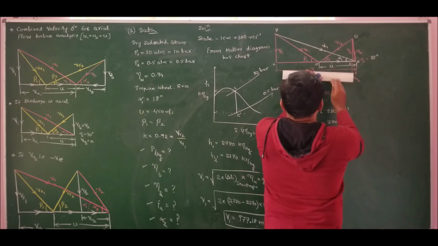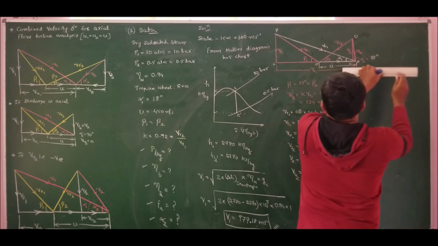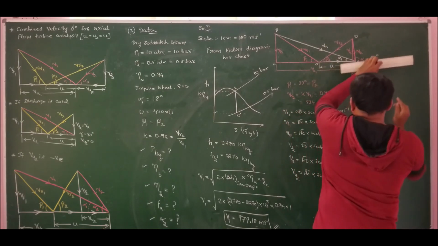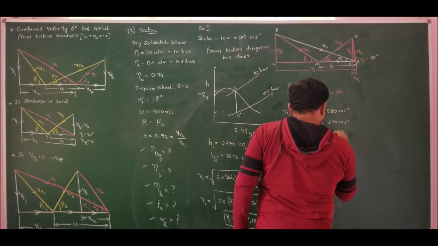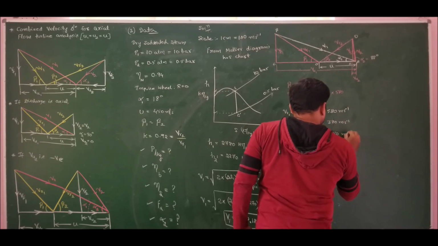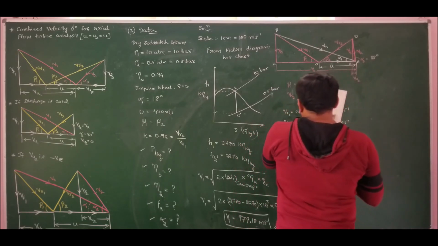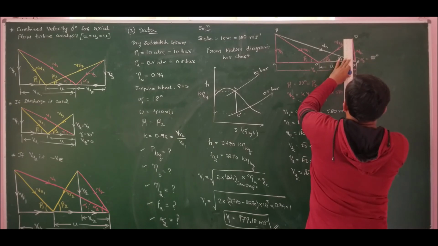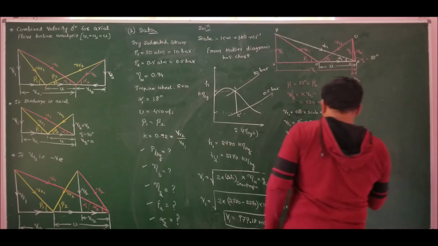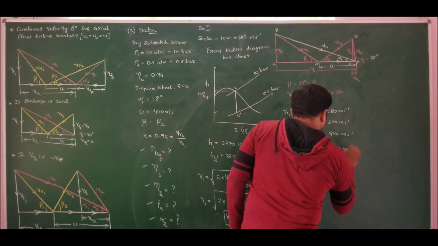Next we have Vu1. Vu1 is equal to 9.5 centimeters. So therefore Vu1 is equal to 950 meters per second. Vf2 is 3.4, therefore it is 340 meters per second.